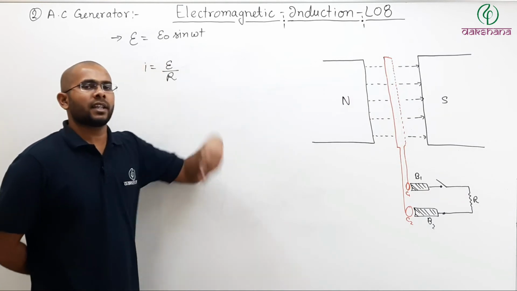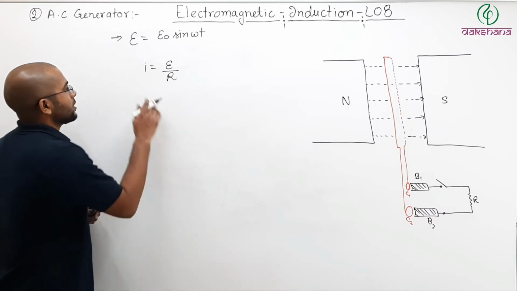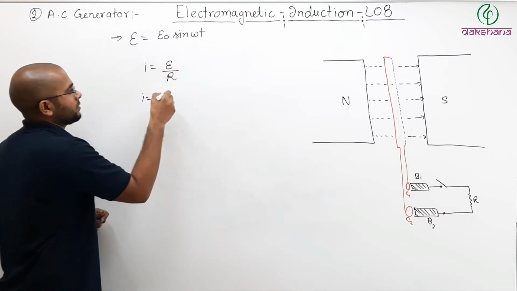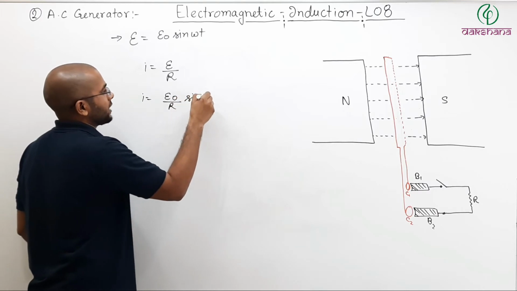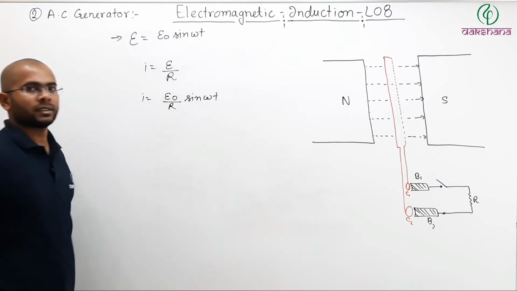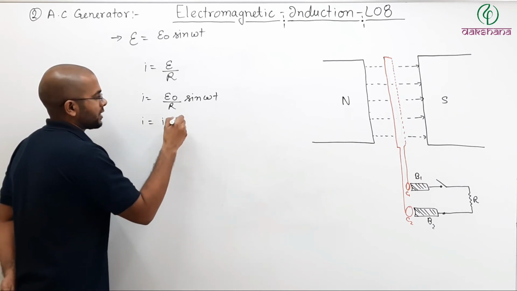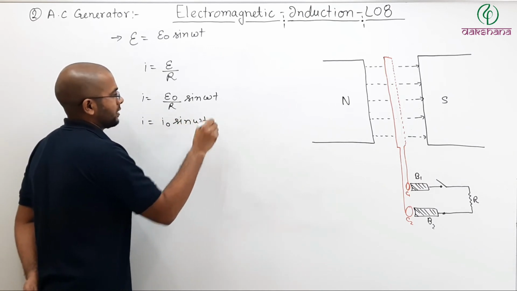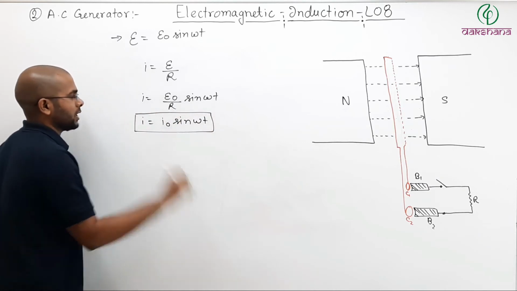In actuality there is some resistance of the coil also, but we are not considering that now. So I will be equal to E naught divided by R, sine omega t. So I is equal to I naught sine omega t, you can write like this. This will be your current flowing through the circuit.